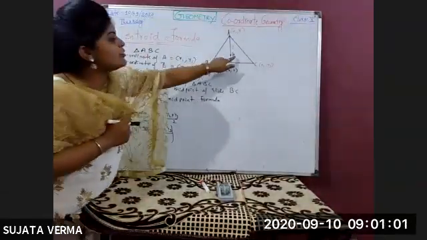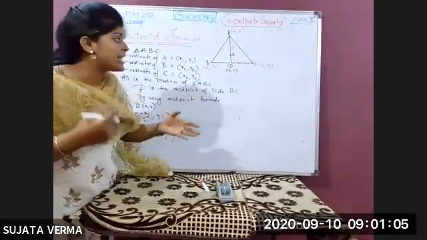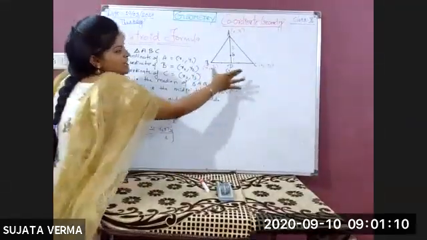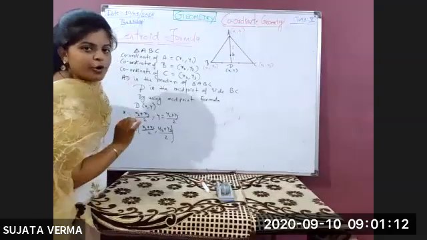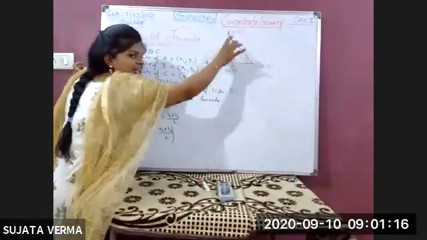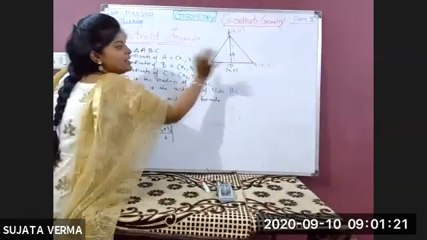But we have to derive the centroid formula. So how will we calculate? First we get the coordinates of D by using the midpoint formula. Then we know AD is the median of side BC.